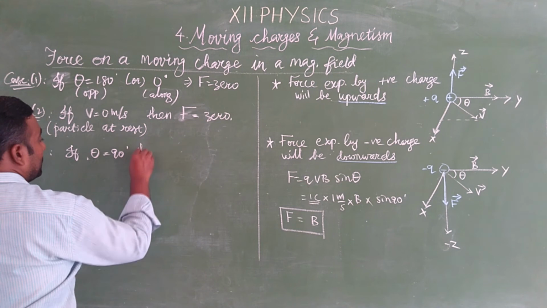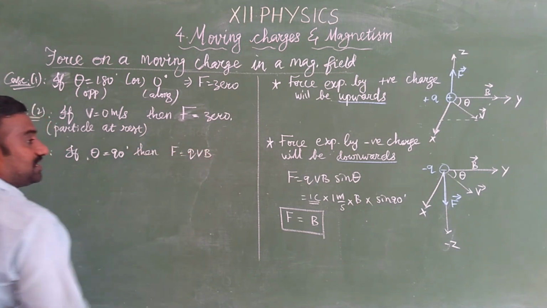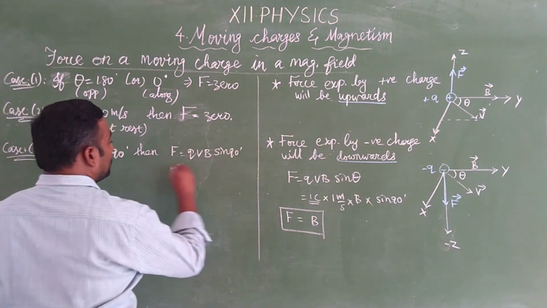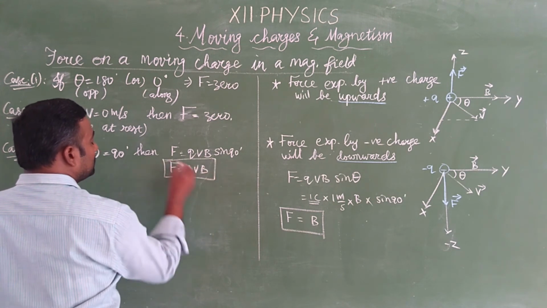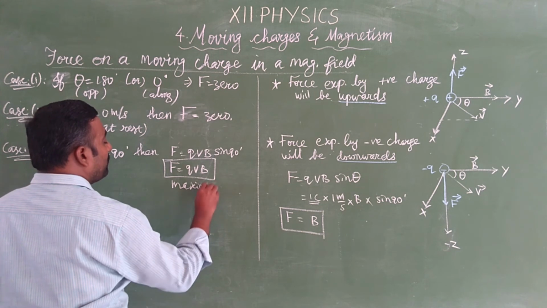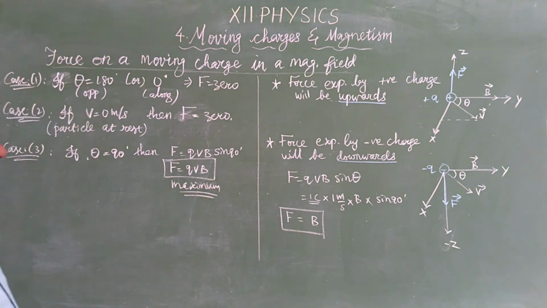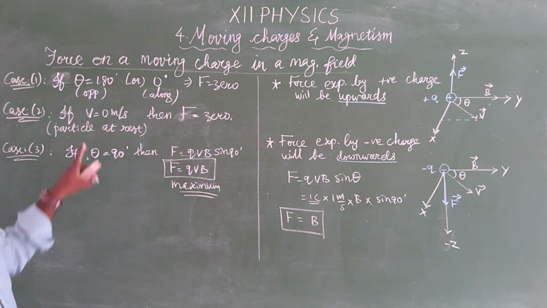Then F is equal to QVB sin theta. What is sin theta? Sin 90 degree. Sin 90 is 1. Then F is equal to QVB. So this is for a maximum force. It may be upward or downward. So for maximum force experienced by a charged particle, only in the case if it is right angle, that is 90 degree.